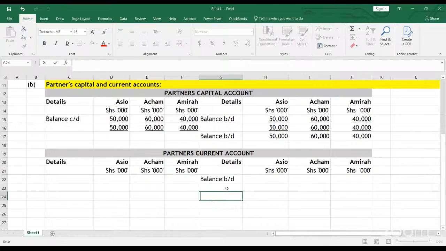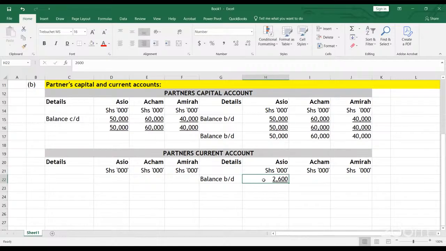Okay. So you will start with the current account balances. Look at the total balance. How much is the current account of ASIO? Those balances are there in the question. Here we have 2,600, so you enter 2,600.